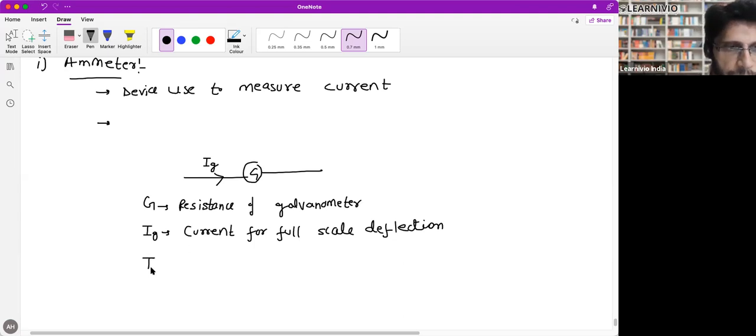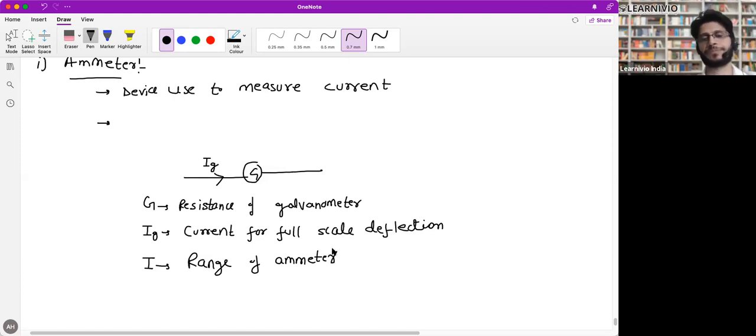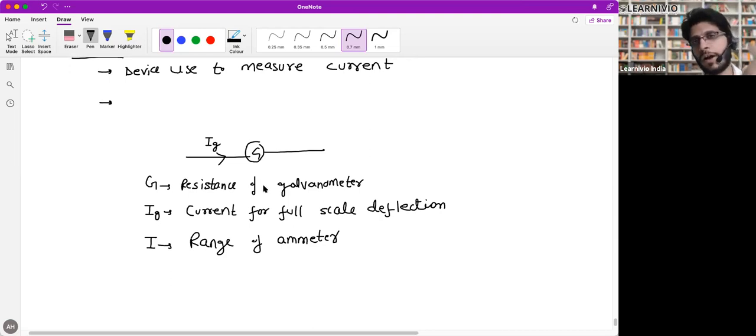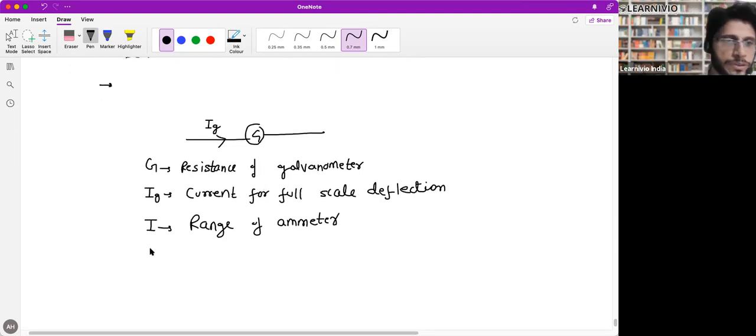Then we have I, which is the range of the ammeter. The range of the ammeter is I. So to convert this galvanometer into an ammeter, we take a shunt resistance.